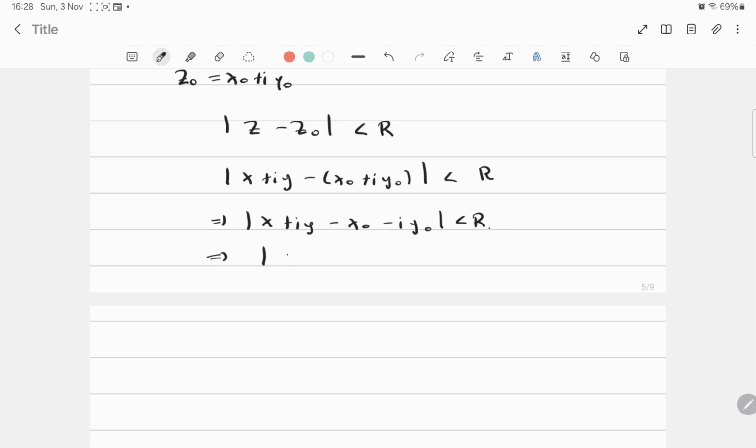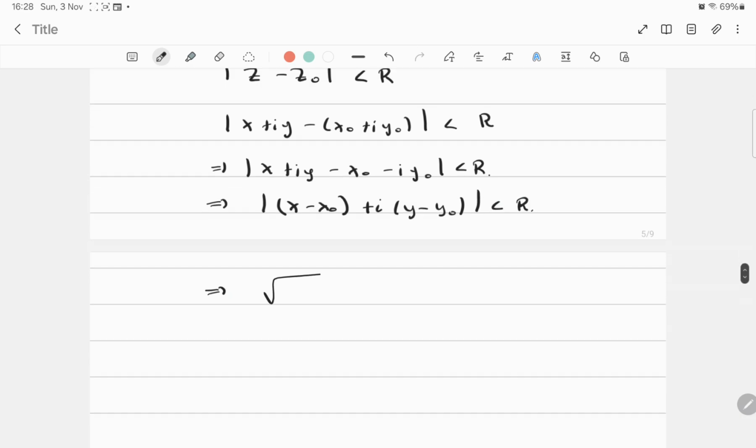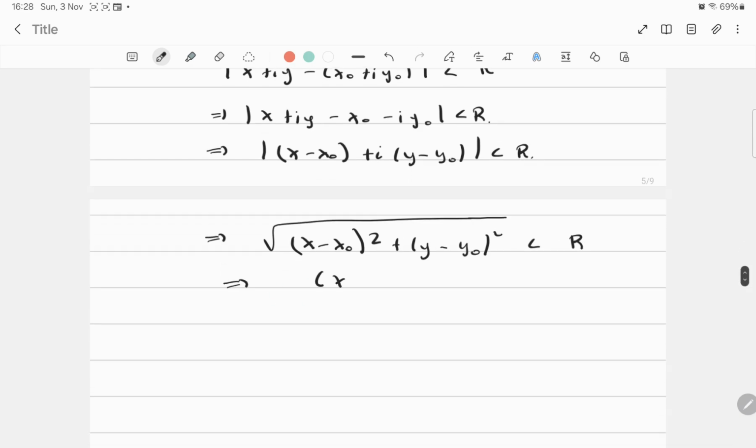I split the real part: |x minus x naught plus i (y minus y naught)| less than r, and this is the square root of (x minus x naught) squared plus (y minus y naught) squared less than r. I can square both sides.